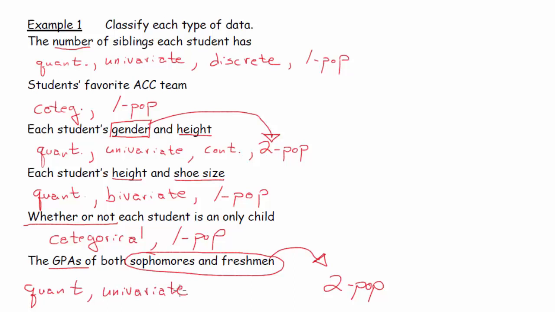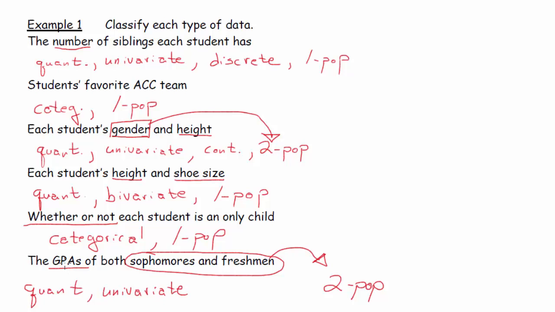Let's pause here and make a distinction, because students often want to tell me that this is bivariate because they see two groups. The two groups tell me that I have two different populations. The question you need to ask yourself is, each observation, each person, each thing being measured, is it giving you two numbers or one? Each student, even though I have two groups of students, is giving me only one GPA.